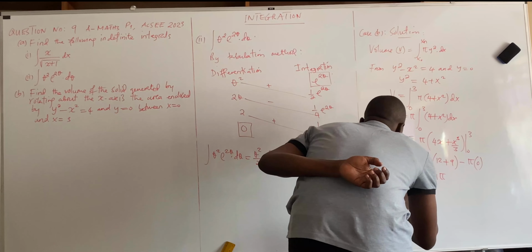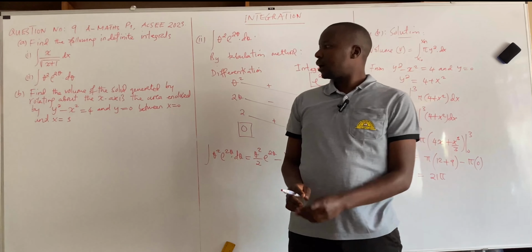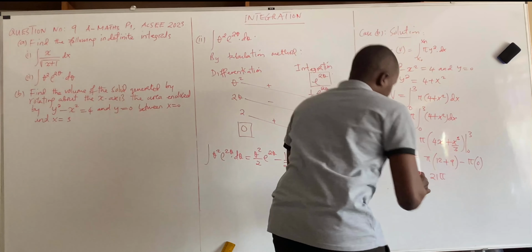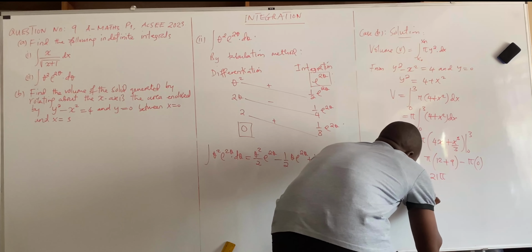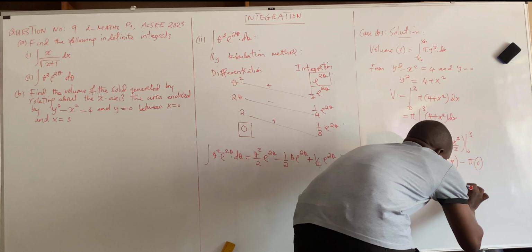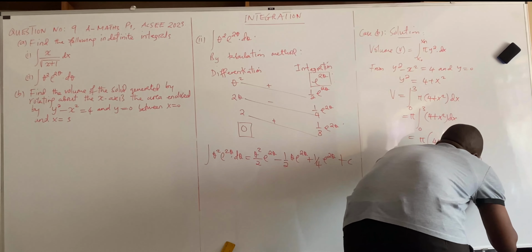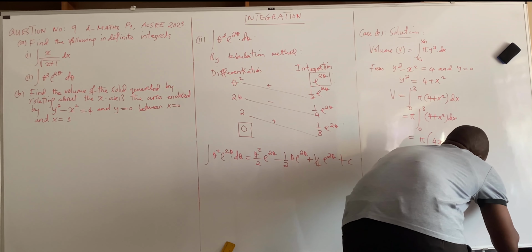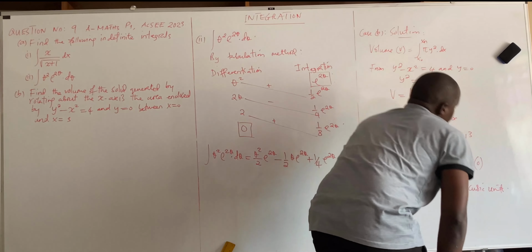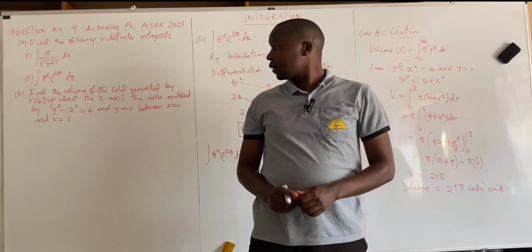So the volume generated about the x-axis now will be given as, we say the volume equals to 21 pi, but we know volume it is in cubic units. Yes, so this now will be the volume generated. Thank you.